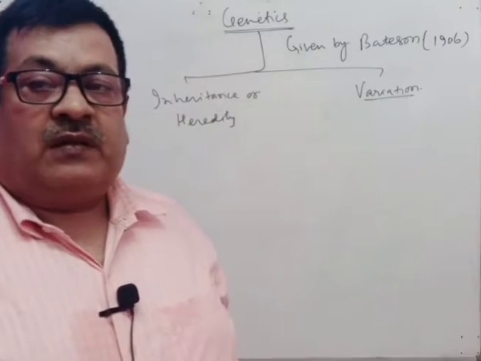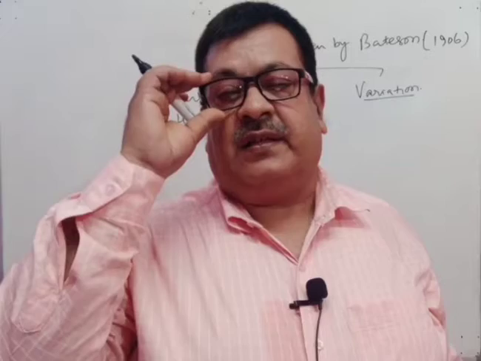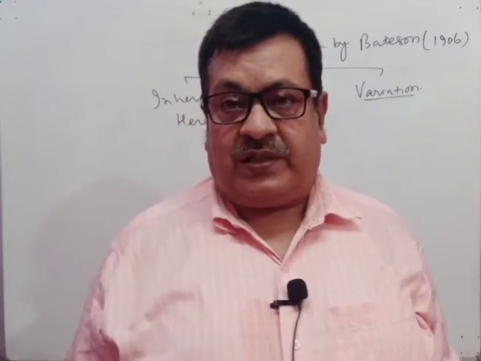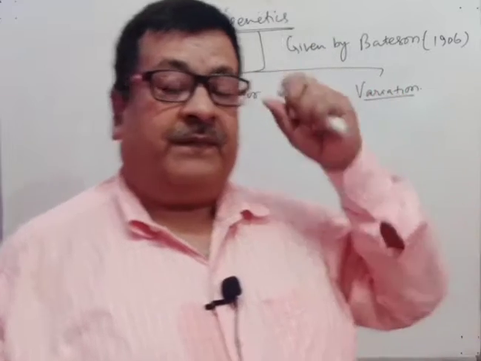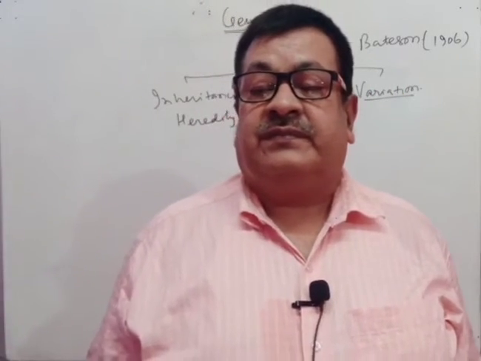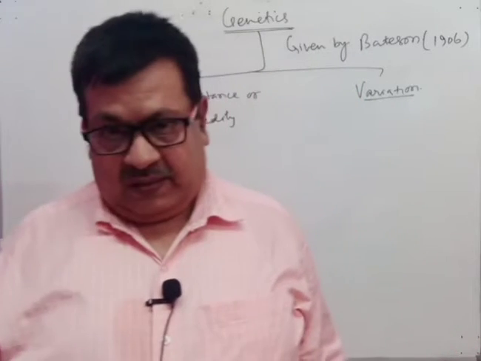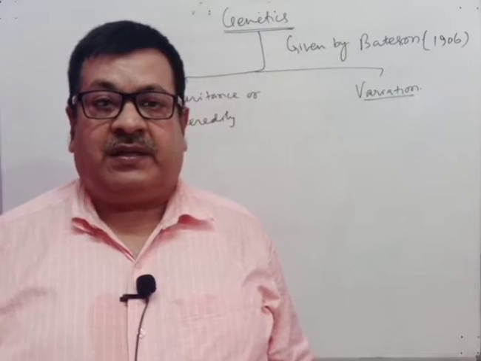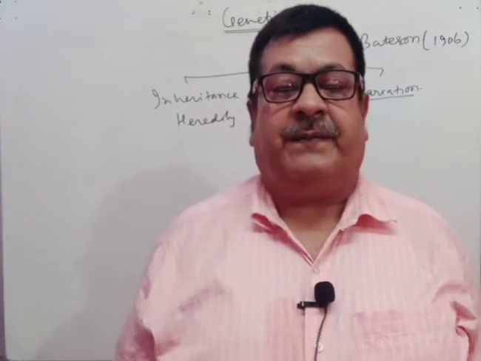You know, asexual reproduction and sexual reproduction. In asexual reproduction, only one parent is involved generally. But in sexual reproduction, there are two parents, male and female, and both contribute their gametes for the appearance of a new generation.